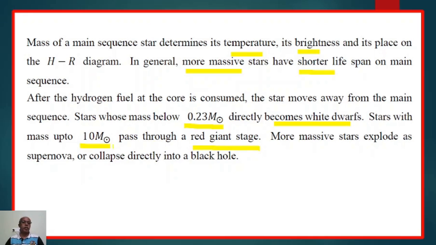If the mass of the star is larger than this, then the star has the chance of exploding as a supernova, or the other probability is it may directly collapse into a black hole. The mass is larger than 10 times the solar mass. There are two possibilities. One possibility is it may explode as a supernova or it may collapse into a black hole.